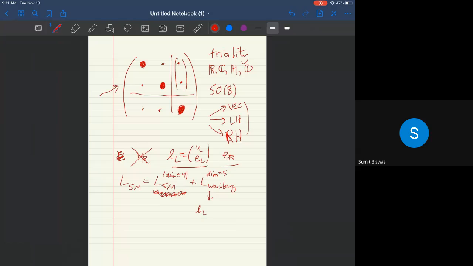That term is built by contracting the left-handed lepton doublet with the Higgs doublet, and then squaring that. It has dimension 5, so you have to divide it by some high mass scale to get the right dimensions.